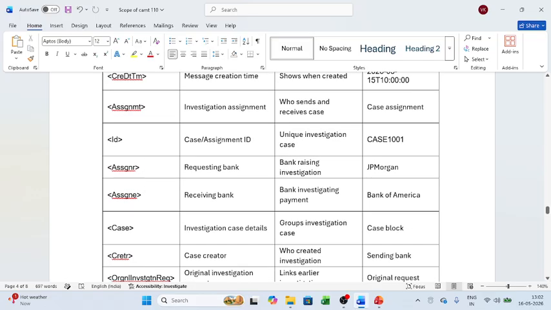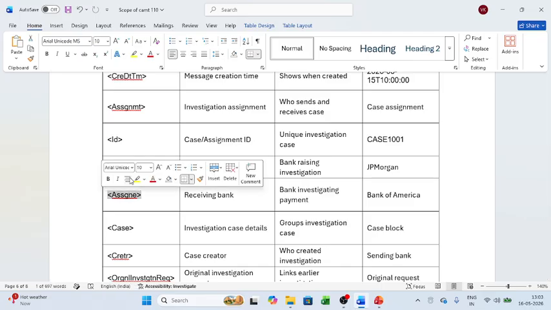Assigner means who initiates the investigation. Suppose SBI plans to initiate an investigation to ICICI Bank. The assigner is SBI Bank, because whoever initiates the investigation comes under the assigner. Whoever gets the investigation comes as the assignee. Don't forget, the assigner initiates the investigation, and the assignee responds to the investigation.